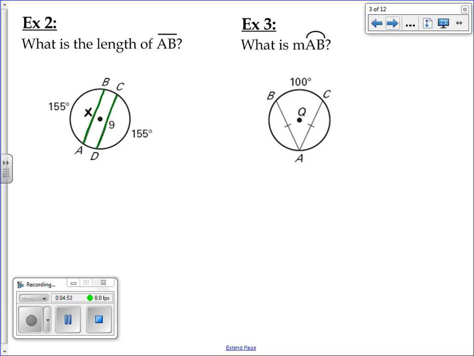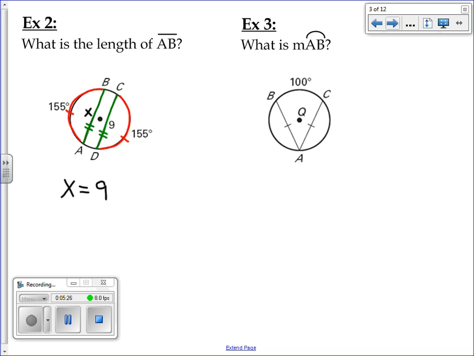I know that chord CD is 9 units long, but we're also given their arcs, and you'll notice that the arcs are congruent. They're both 155. So if the arcs are congruent, what do you think we could say about the chords? The chords are going to be congruent. It's that same big idea. So we can say x equals 9, or AB equals 9.